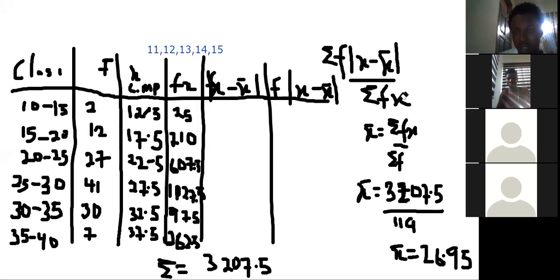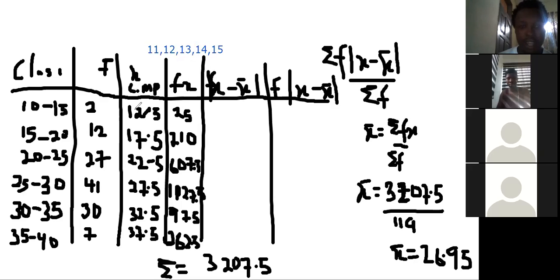Please, the absolute x minus the mean. Just as we did in the previous one, x minus this will be equal to, so the mean is 26.95.